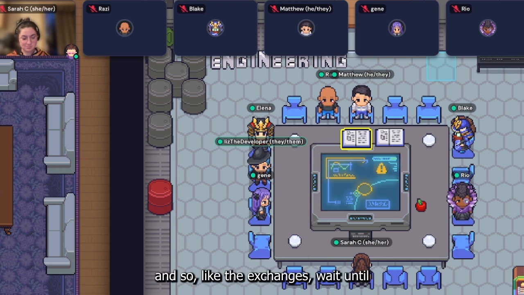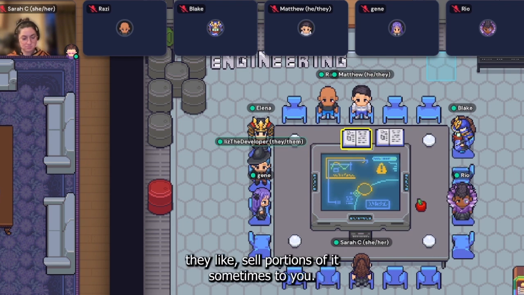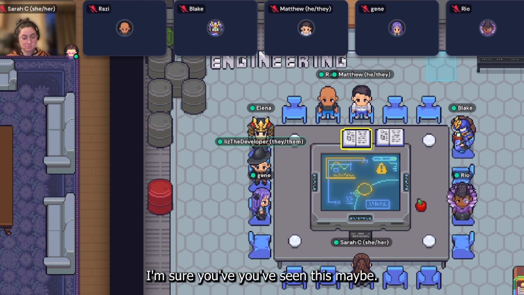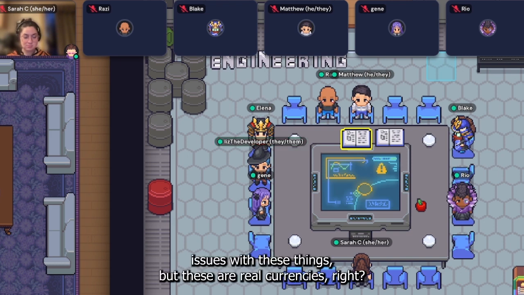And so the exchanges wait until your sell order, they sell portions of it sometimes too. I'm sure you've seen this, maybe, right? So there's a number of issues with these things, but these are real currencies, right?